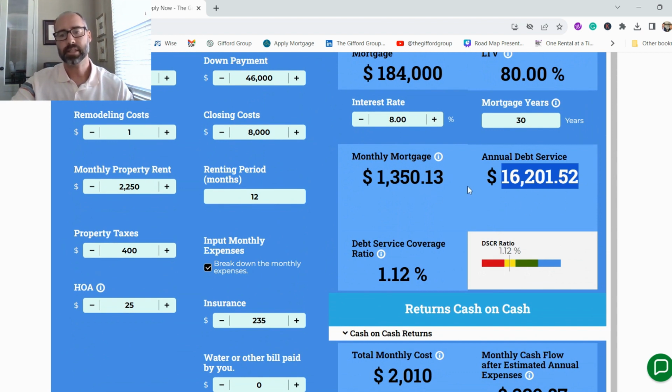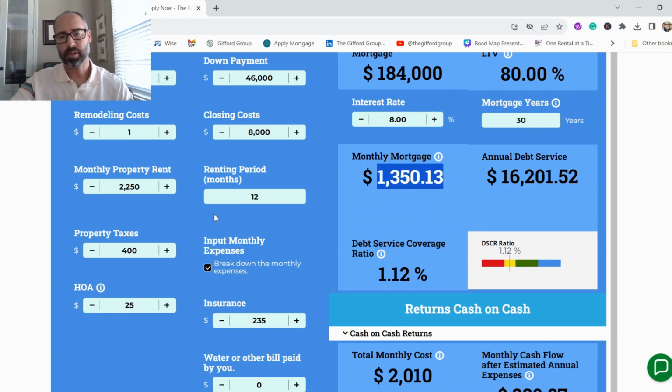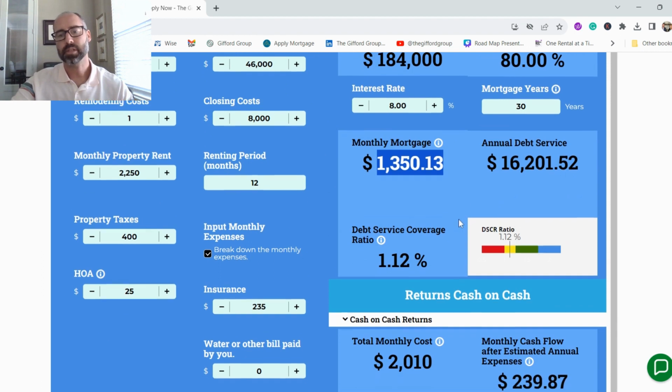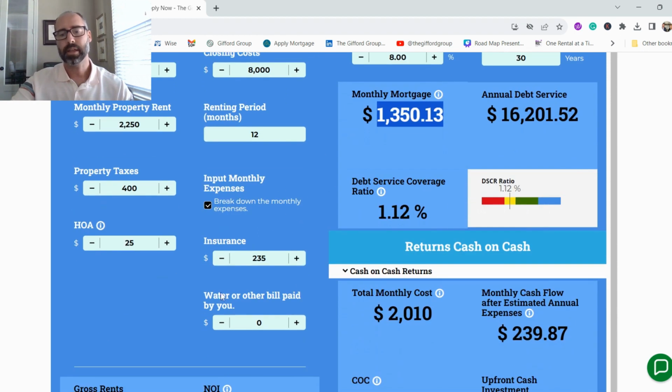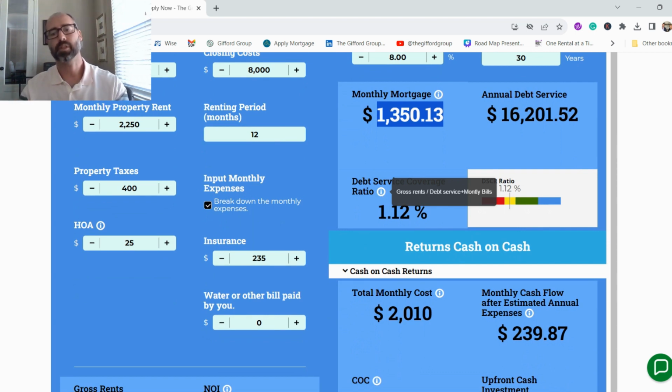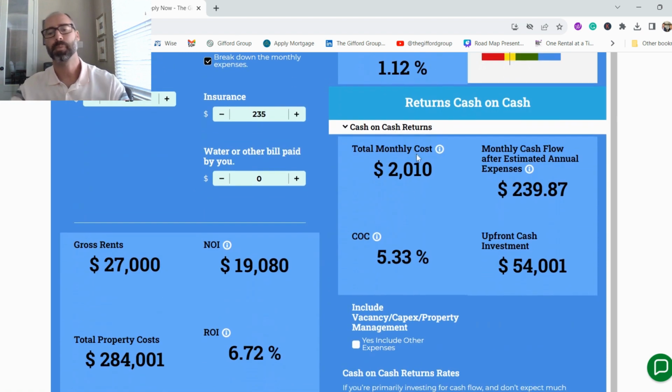So taking the 16,000, that's how much the mortgage payment is for the year, because it's 1,3 times the 12, right? So we get the 16,02, and then all these other expenses are included in there, and that gives us our ratio, right? So it's our total rents divided by our total debt service, our cost of the mortgage, and our cost of all the other bills associated with the home.